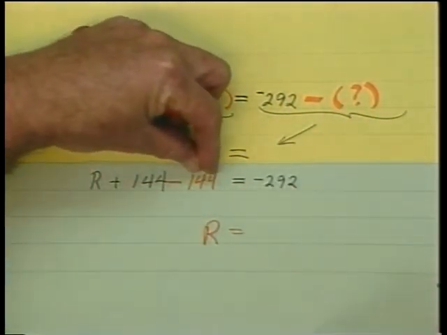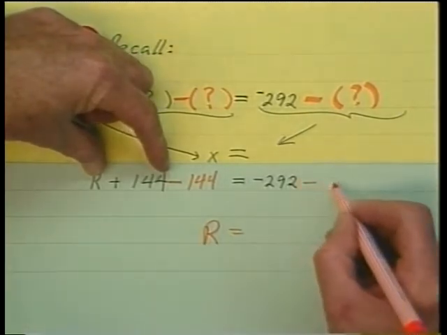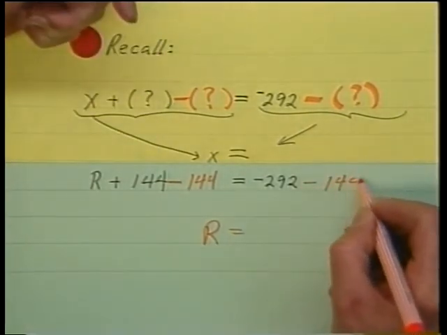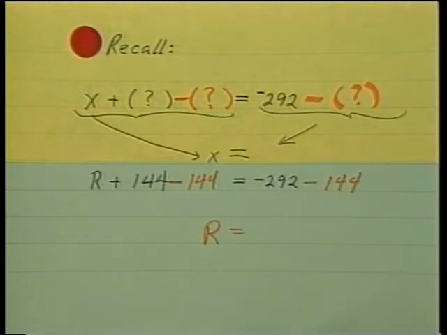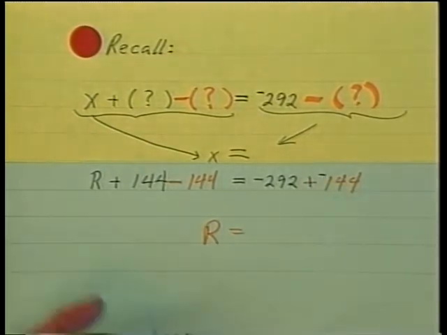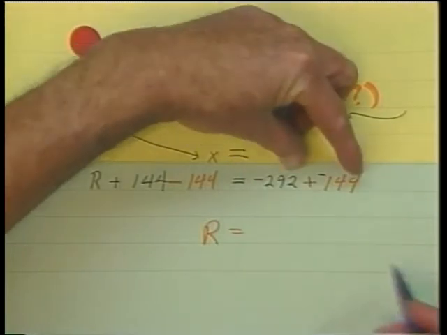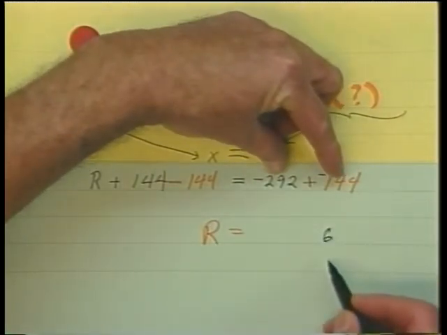But if I subtract 144 from this member of the equation, I must subtract 144 from this member. And now, from our definition of subtraction, subtraction simply means add the opposite of what follows. And since we have like signs, we simply add their absolute values.